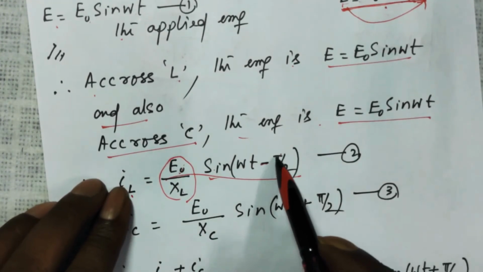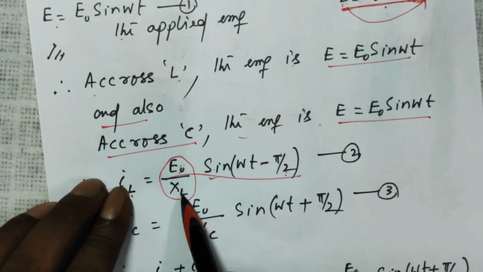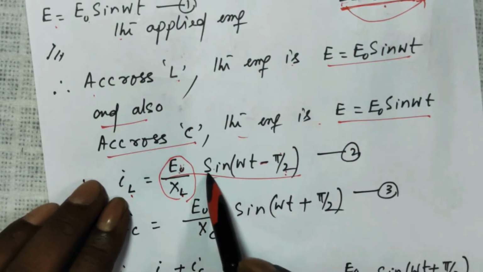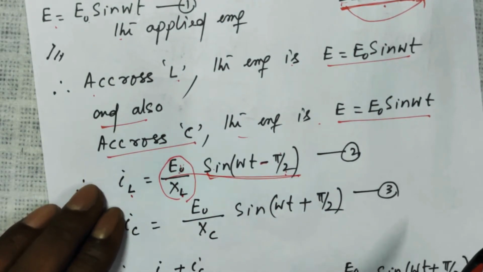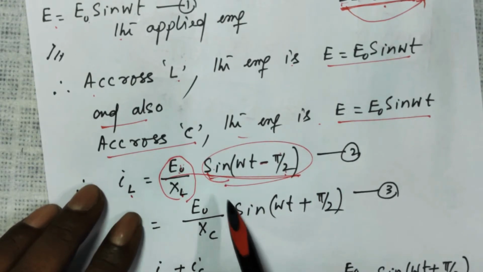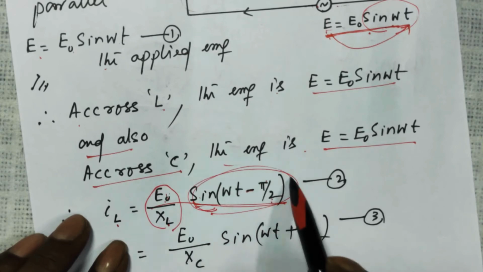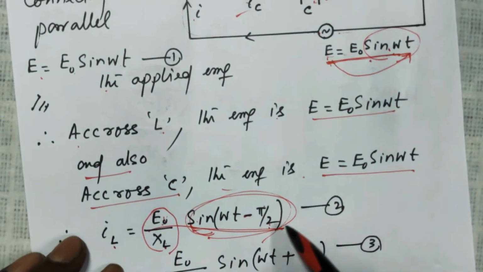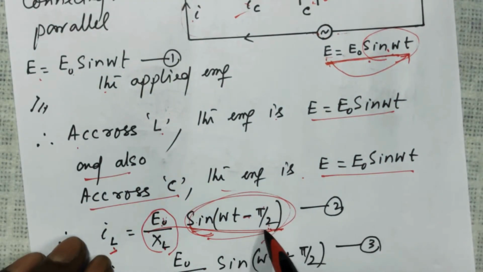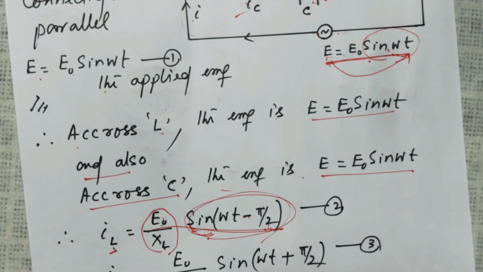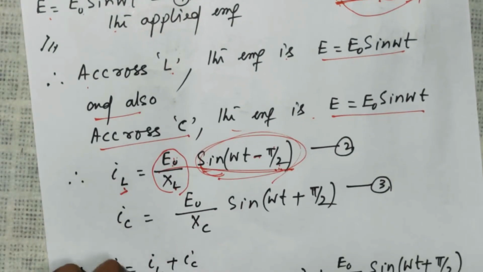So I put a minus pi by 2. Voltage over resistance is current, and this sine function gives you the phase relationship between the voltage and the current. If you compare this with this, you find this current is minus pi by 2, and the derivation I have done in previous lessons.